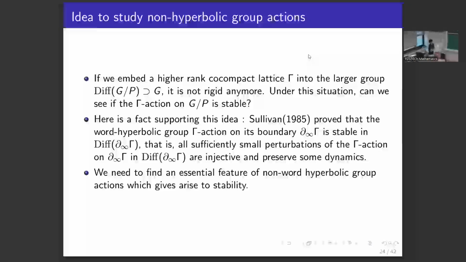So we try to figure out what happens in this situation. There are some facts supporting this idea. Sullivan proved that the word hyperbolic group gamma action on its boundary is stable in the diffeomorphism group, as I mentioned at the beginning of my talk.